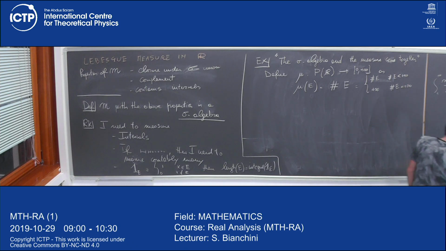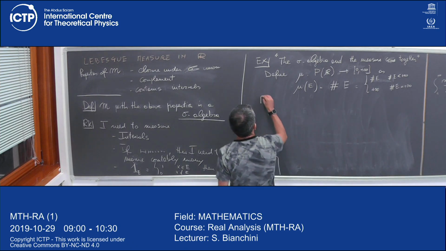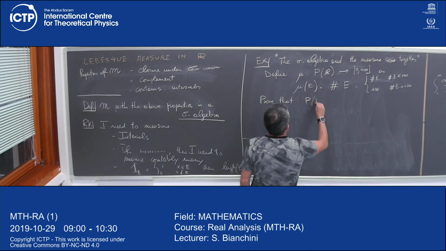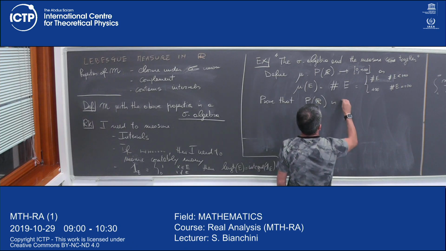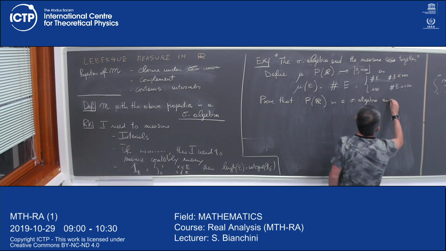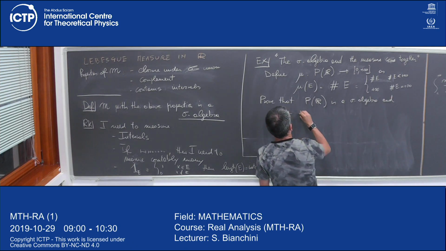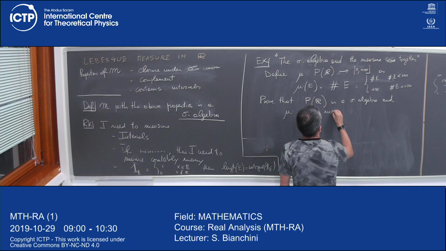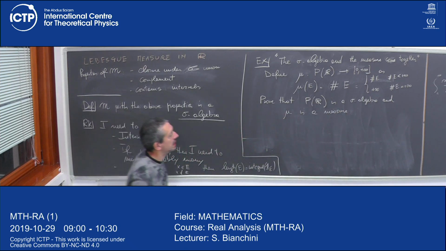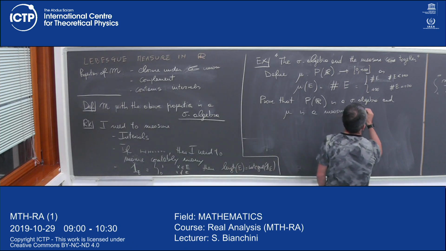It's just to say that this is the notation of the cardinality. Okay. Prove that P of R is a Sigma-Algebra and mu is a measure. So the name of this measure is the counting measure.